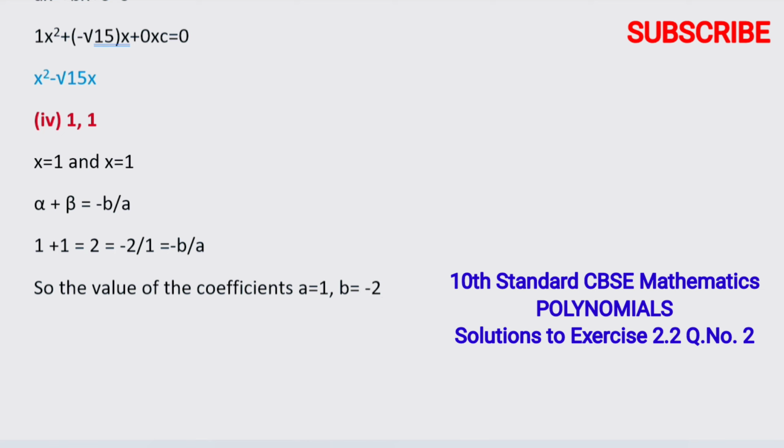Then to find the value of c, we go for the product of alpha into beta, which is equal to c by a. This rule is there. In this case, alpha value 1 into 1, how much will it be? 1 only. So c equal to 1, and a equal to 1.